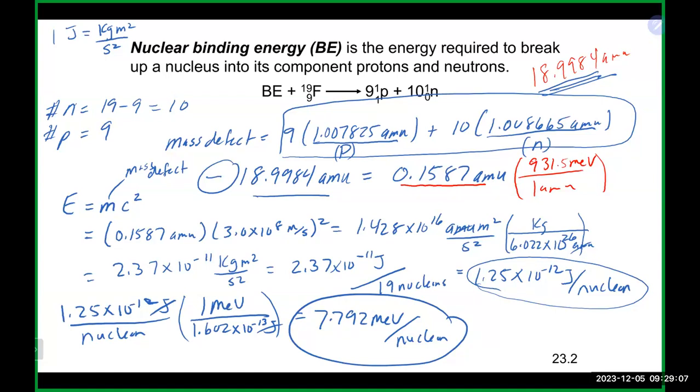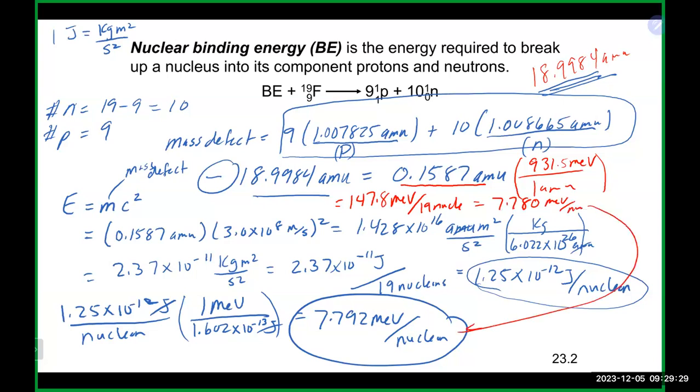931.5 gives us 147.8 mega electron volts, which we can then divide by the nucleons, which are 19. And we will end up with pretty close to what we have on the bottom there, like 7.78. With rounding, it might be a little bit different, but pretty close.